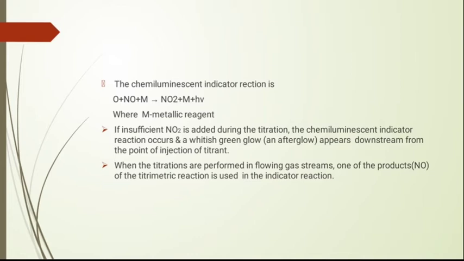Simply, oxygen reacts with NO2 to form NO plus O2, and from this the indicator reaction is oxygen plus NO plus M, which gives NO2 plus M plus HNO, and this HNO is of whitish green color, called the whitish green glow. When titrations are performed in flowing gas streams, one of the products, NO, of the titrimetric reaction is used in the indicator reaction. Obviously NO is used here in the indicator reaction.